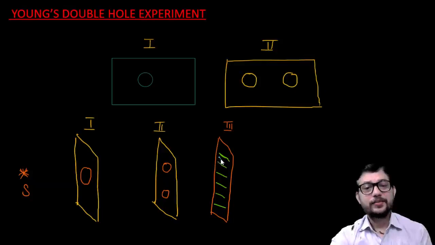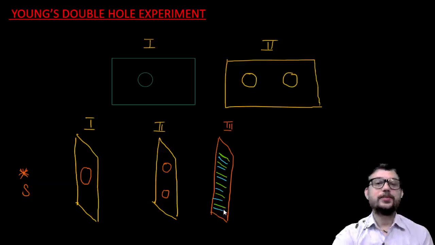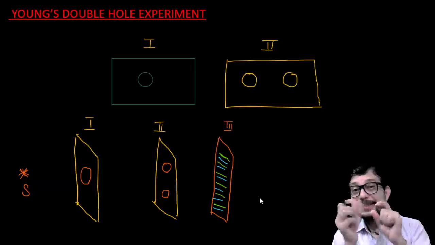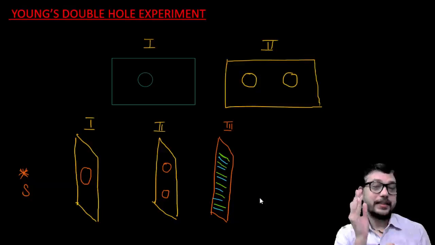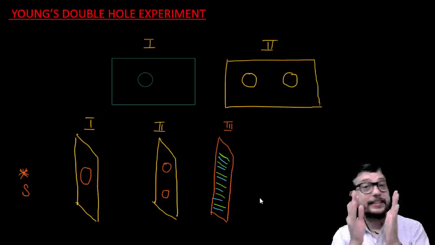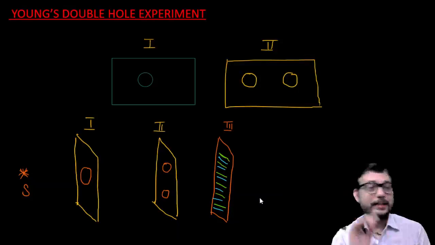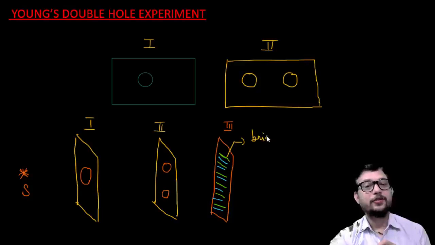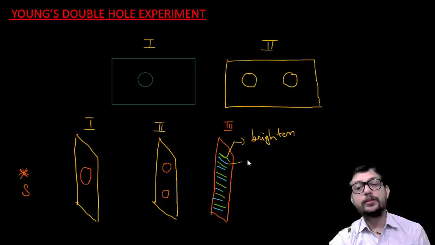So you get some strips, and the strips are in a definite pattern. The green colored strip represents brightness, and the next one represents darkness.